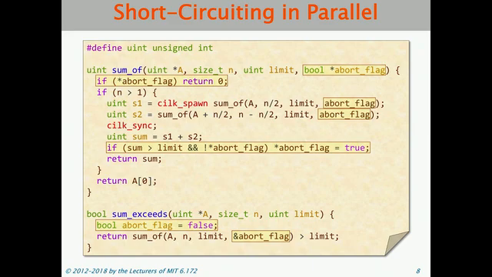Okay, so indeed, it turns out you don't need a memory fence here, and the reason is that the code is correct whether the value is the initial value false or whether it has become true. So it doesn't matter when it becomes true.